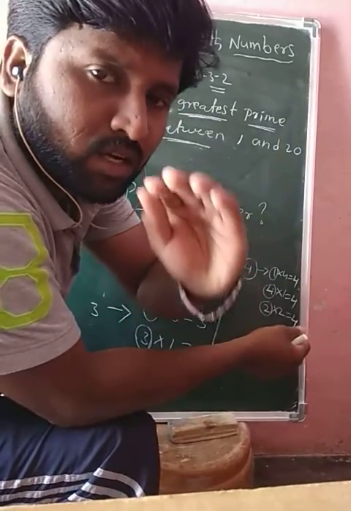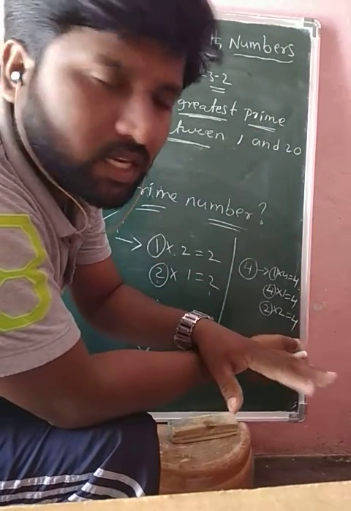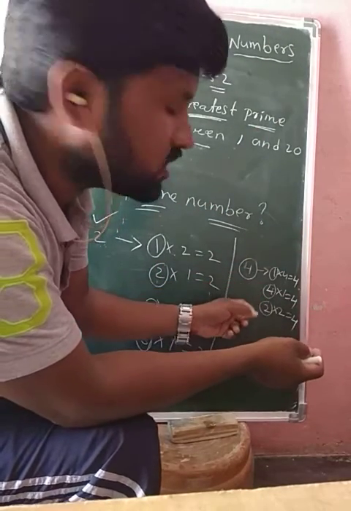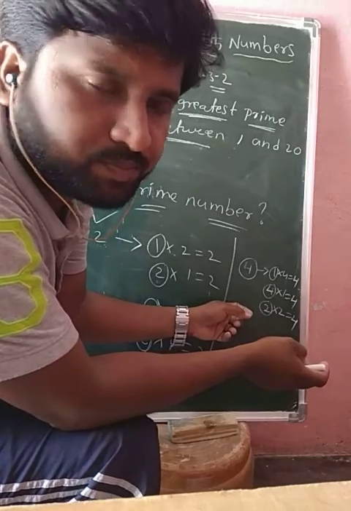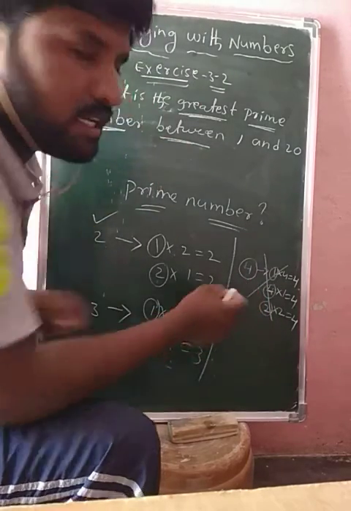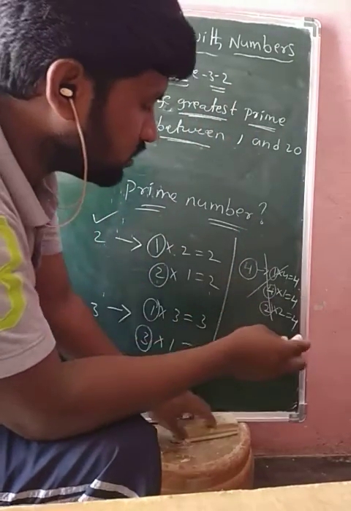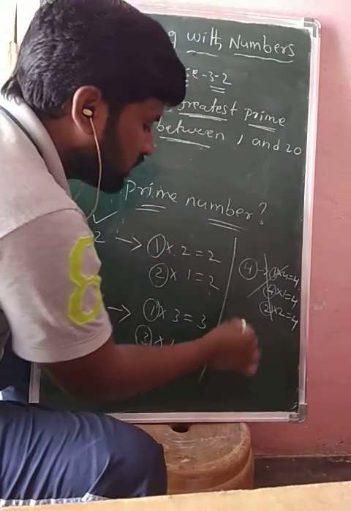A number having more than 2 factors is a composite number. So 4 is the smallest composite number. So that's why it is not a prime number. A prime number must have exactly 2 factors.